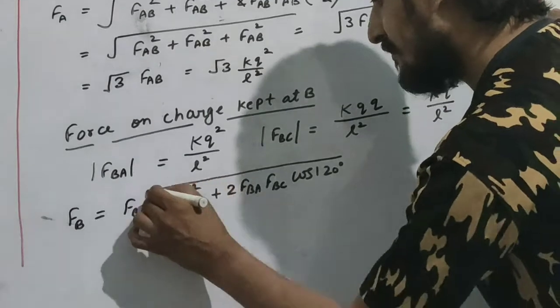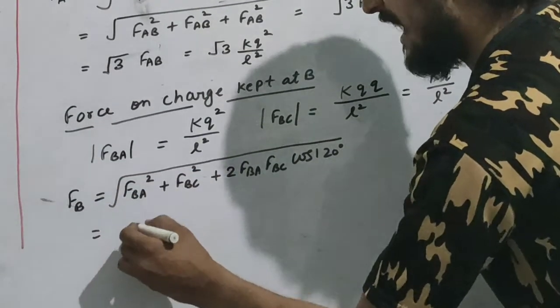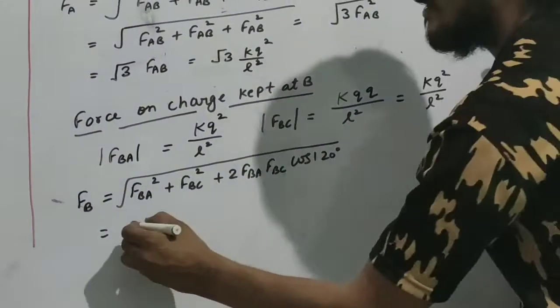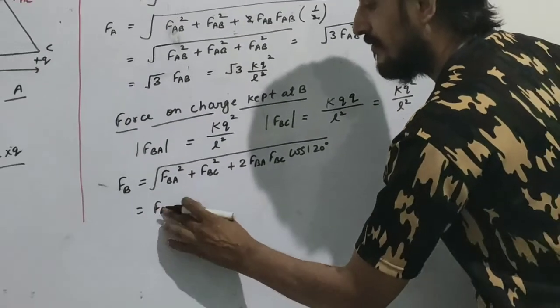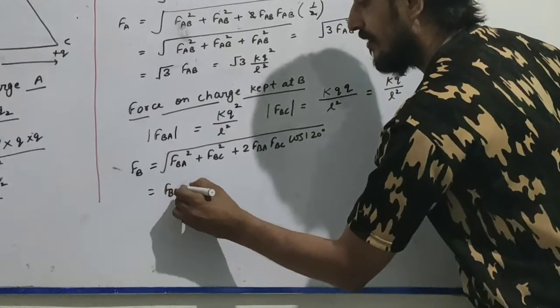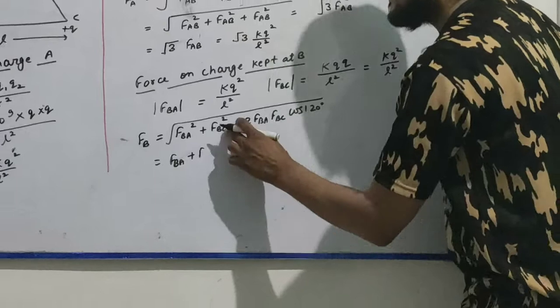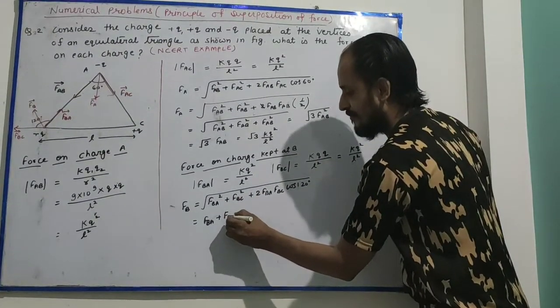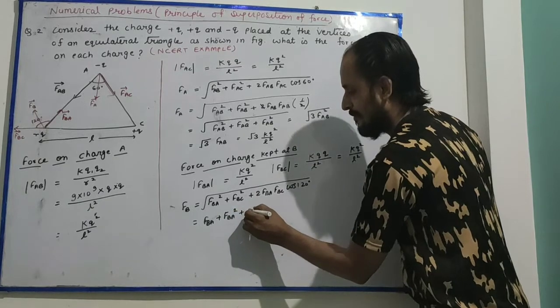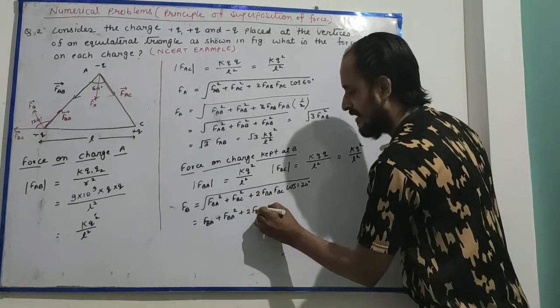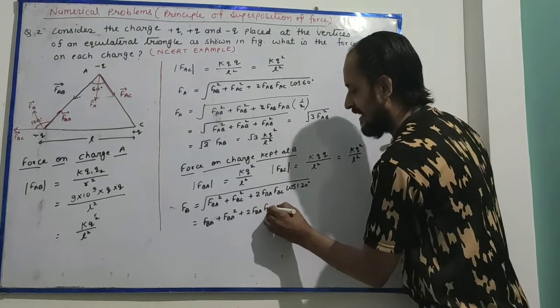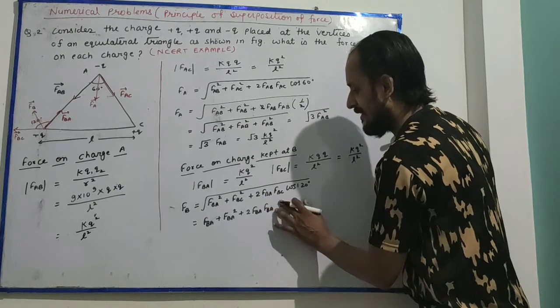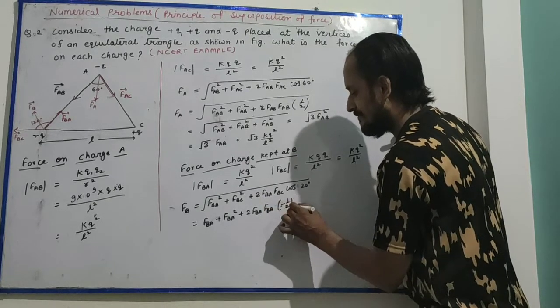Now FBC and FBA have the same magnitude, so we can put FBA square plus FBA square plus 2 FBA FBA, and cos 120 degree you can put minus half.